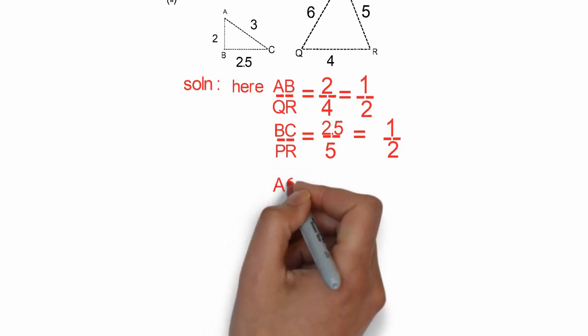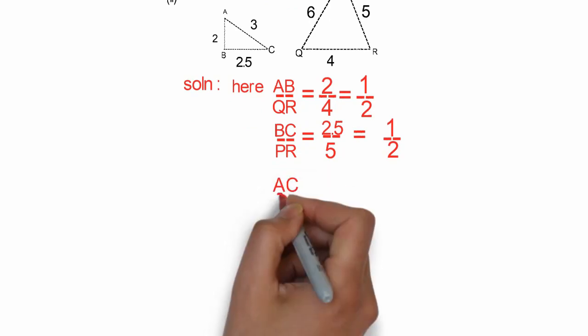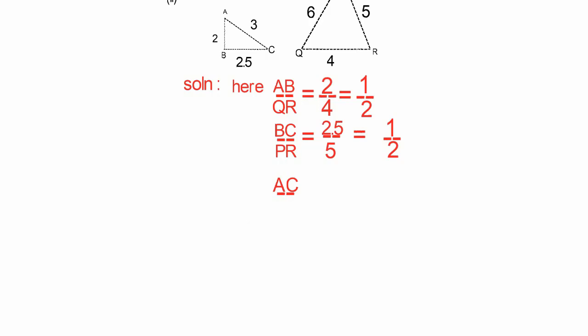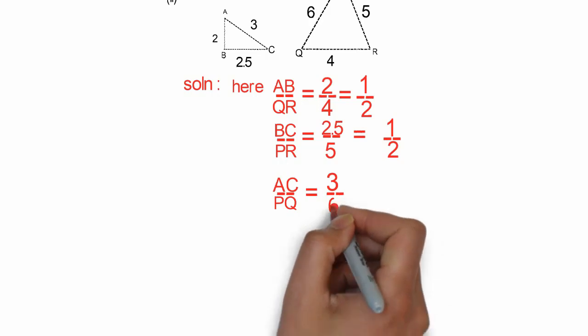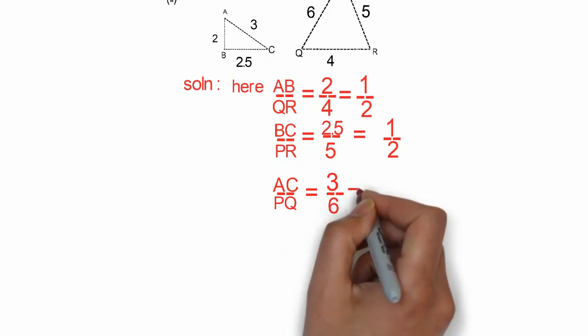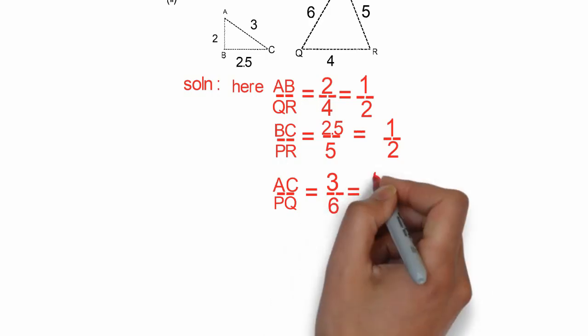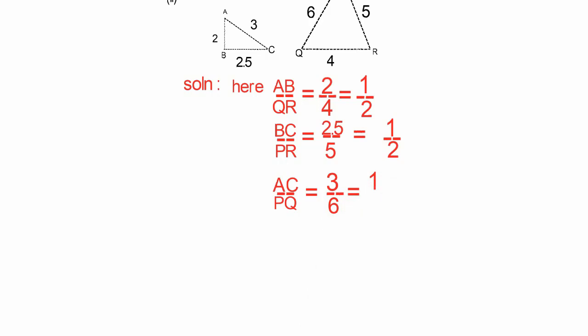Now come to the third ratio, the side AC divided by PQ. It has the measurement 3 divided by 6. If we simplify it with the table of 3, both numerator and denominator will be cancelled and again we get 1 by 2.